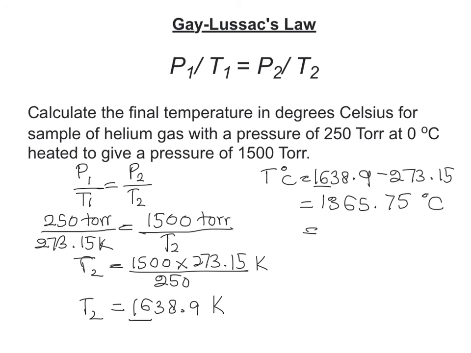Since we started with 0 degrees Celsius, which is a ones place temperature, we will give our final temperature to ones place as well. So the ending temperature would be 1366 degrees Celsius.